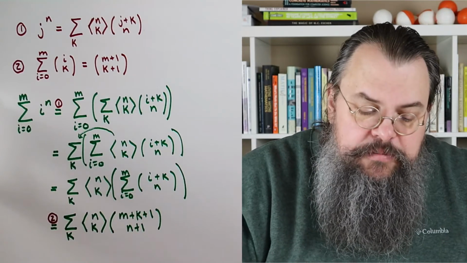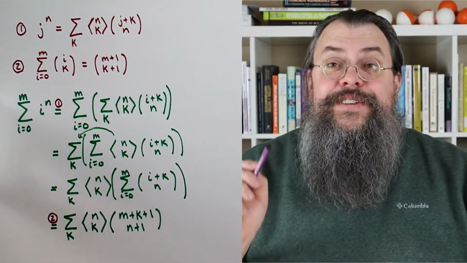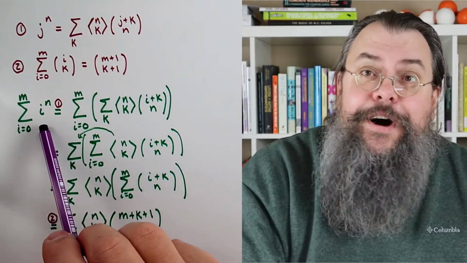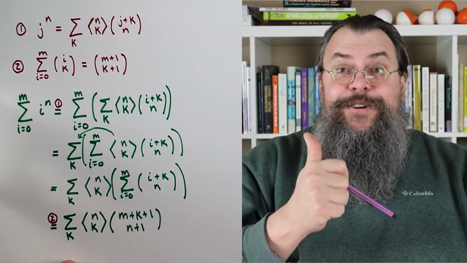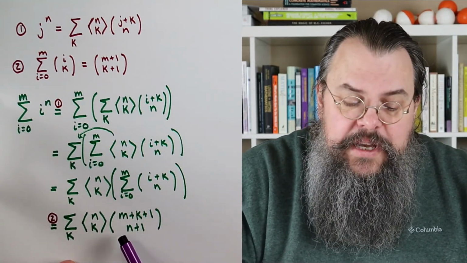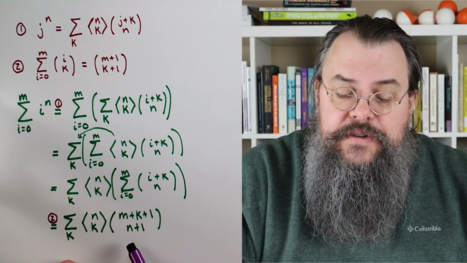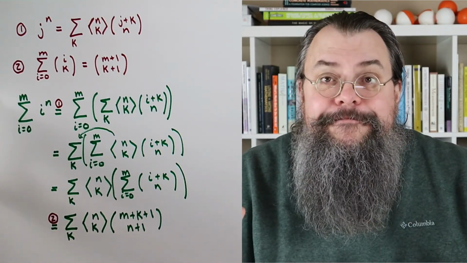All right, which means by property 2 that adding binomial coefficients is easy. See, adding powers, hard. Adding binomial coefficients, good, easy, we like it. We can say, aha, that's simply m plus k plus 1 choose n plus 1. And we're done.